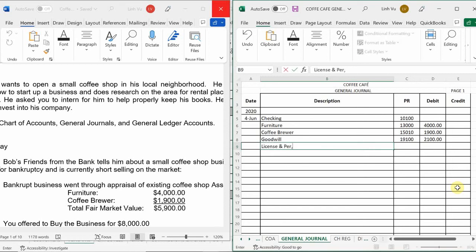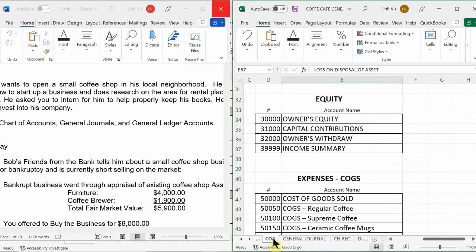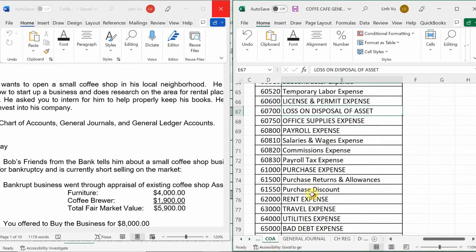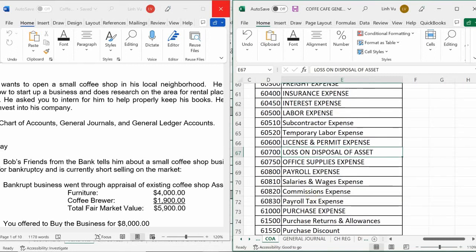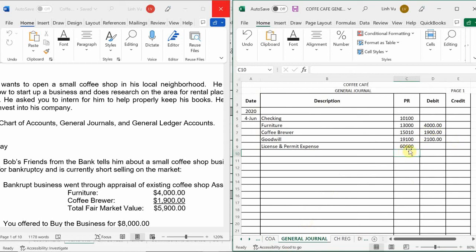And then we said we bought some license and permit expense, which was 6600. How much money did I spend on license and permit expense? $375, right?